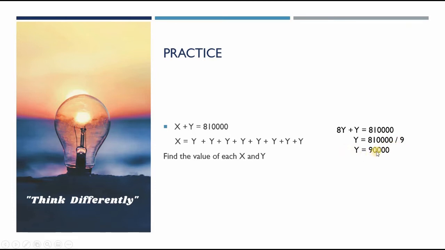Therefore, Y is equal to 90,000. If Y is equal to 90,000, we know X is equal to 8 multiplied by Y. Therefore, X is equal to 90,000 multiplied by 8, which equals 720,000. Let's look at another example.